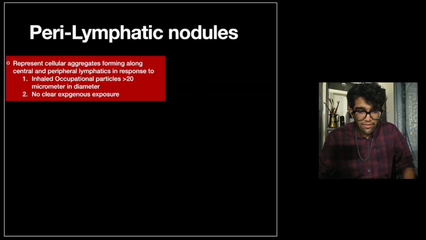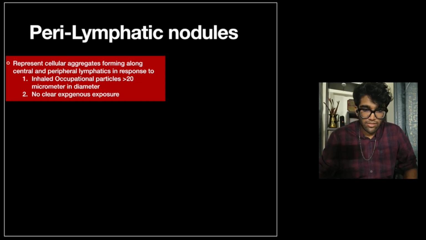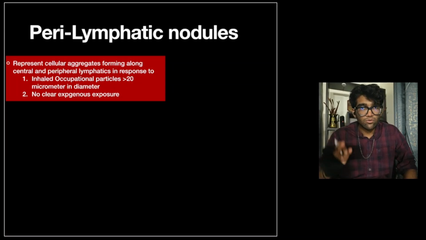It indicates that it is either something within the lymphatics, so it could be an immune process, or malignant cells passing through the lymphatics, or there is an inhaled particle larger than 20 micrometers that has fallen into the alveoli. Such a particle cannot just be phagocytosed and killed by your phagocytic cells, neutrophils and macrophages.